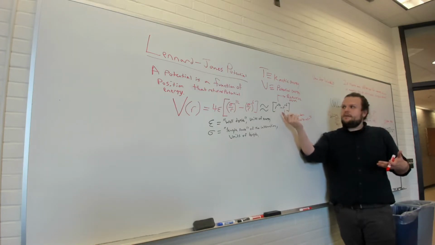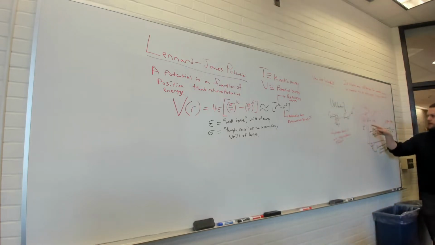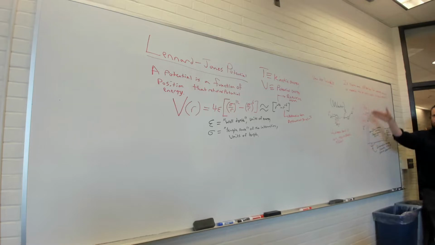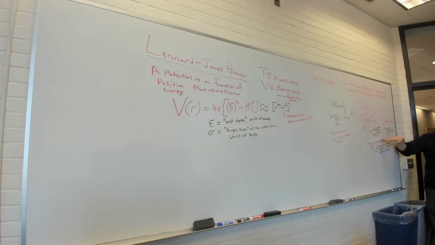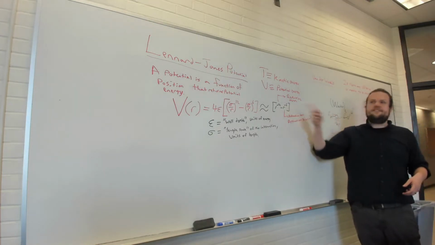If you're really close, you have this very high asymptote from repulsion. It grows very quickly, like r to the 12th. As you get further away, it disappears and the r to the 6th term, the attraction term, starts to win. Attractions fall off more slowly than repulsions, but it's not as intense a parameter. It's a factor of r to the 6th difference.